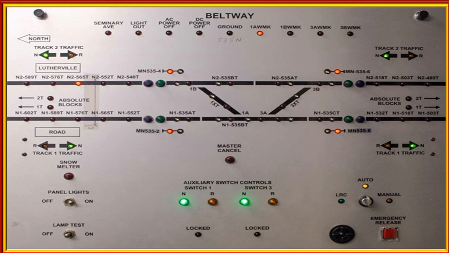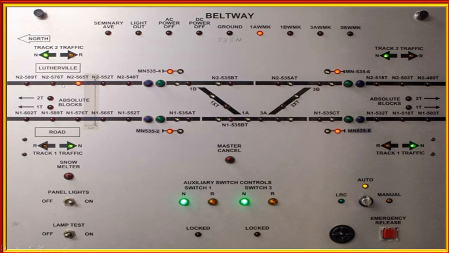That's a long definition, but basically what it means is, if a train's coming this way on track 1, going south on track 1, when a train approaches the N1 576T track circuit, the 535-2 signal will automatically upgrade to a green signal.